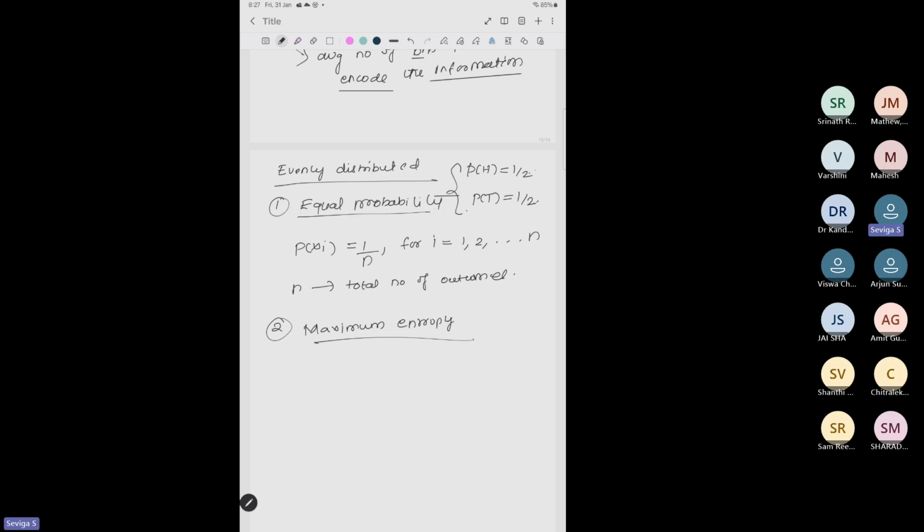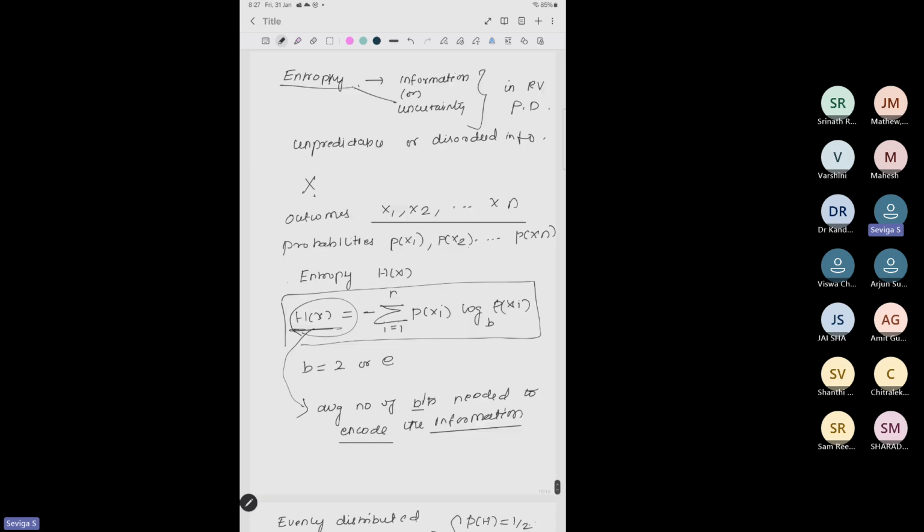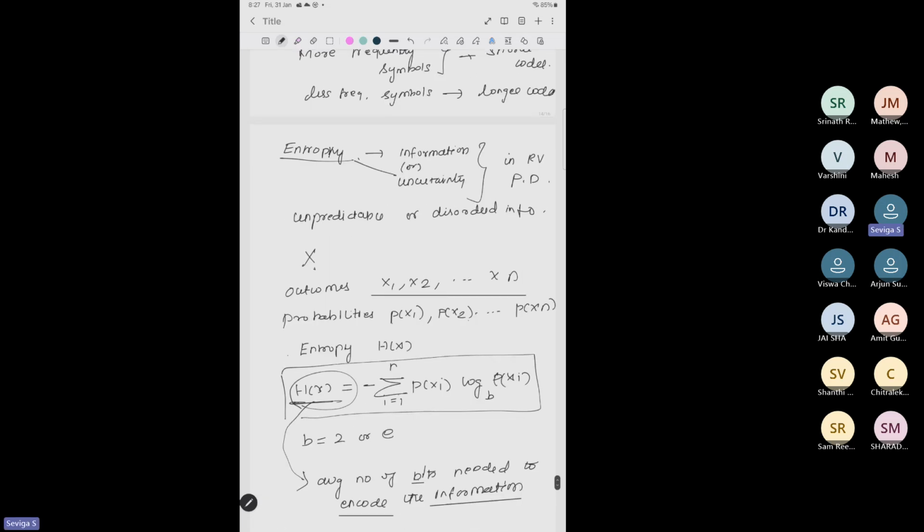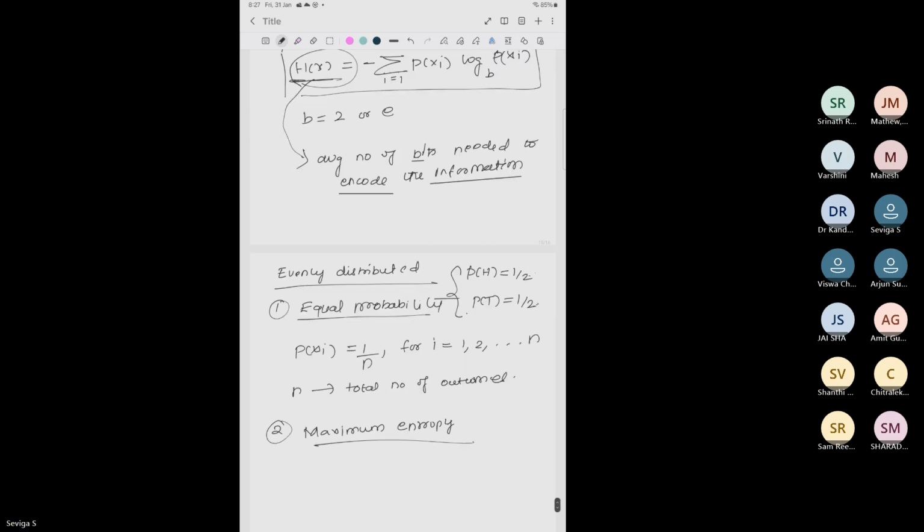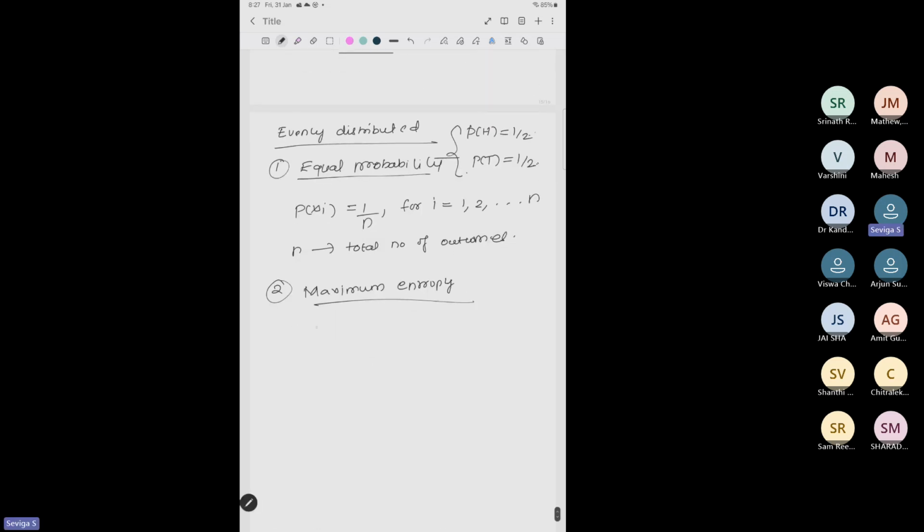Why am I saying maximum entropy? What is entropy? It is the amount of information or the amount of uncertainty present in the random variable. When the probabilities of all the outcomes are equally likely, the system is unpredictable.